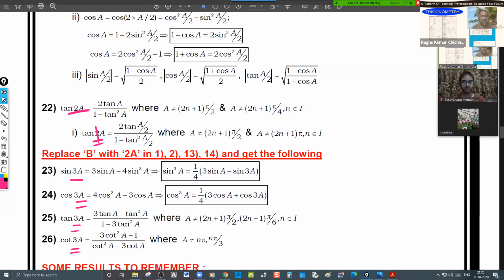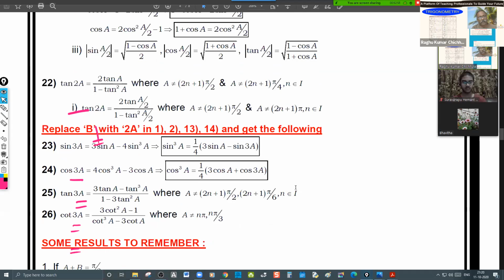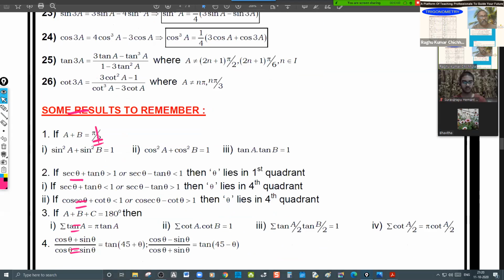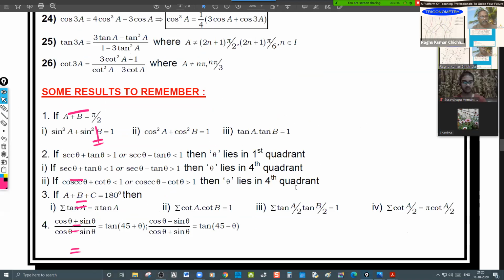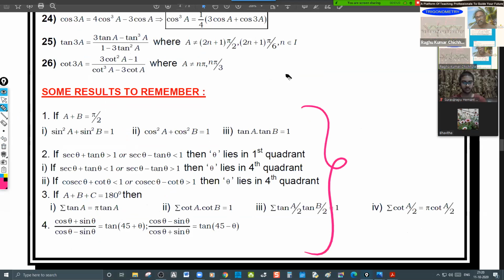Now after that, for the objective purposes, you will have to remember these results. What are they? A plus b is equal to pi by 2, then sine square a plus sine square b is equal to 1. This I will be discussing further for the objective purposes, where you will have to answer questions in less time.